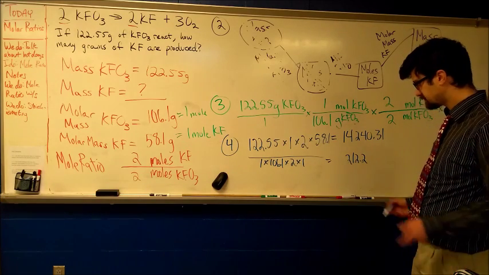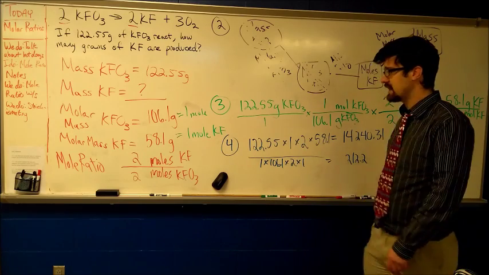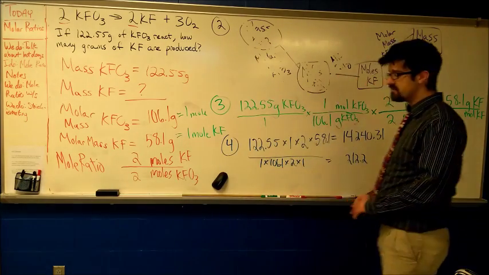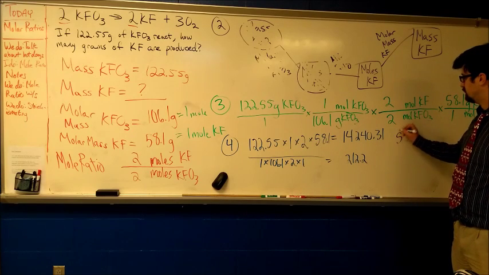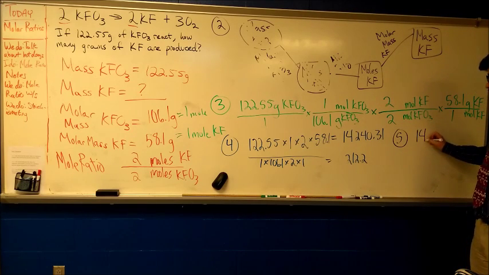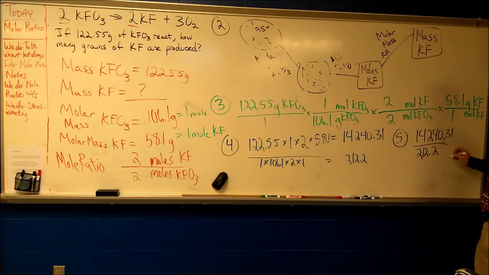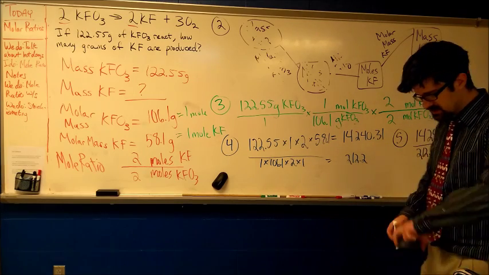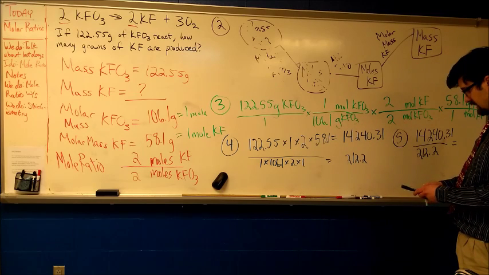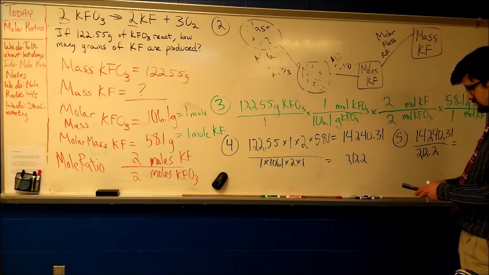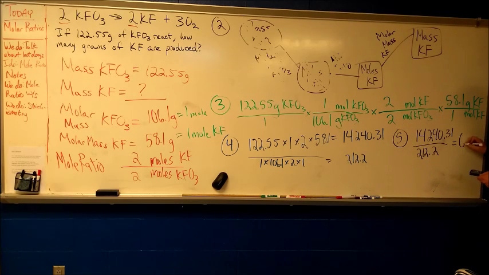So, the last step, step 5, is divide the top and the bottom. 14,240.31 divided by 212.2. And if you type that into the calculator, it's going to give you a big string of numbers, like 67.10796, and it keeps going.